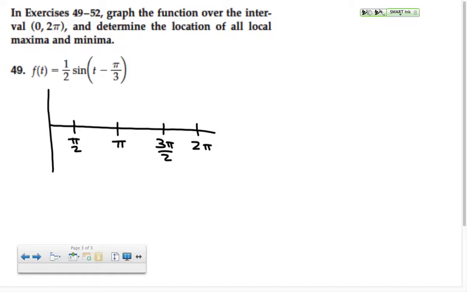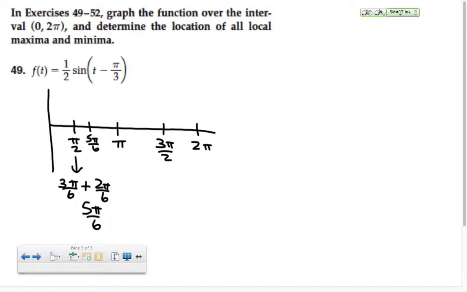All right, so pi over 2 is 3 pi over 6 plus pi over 3, which is 2 pi over 6. So this is going to be 5 pi over 6. So we're going to shift this to 5 pi over 6.